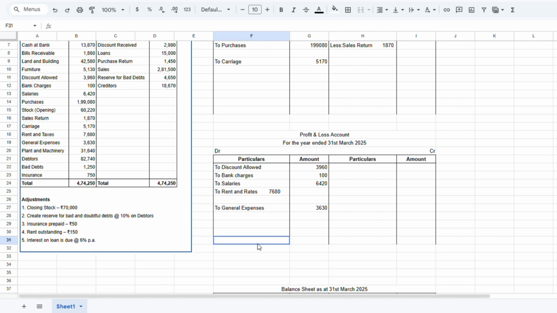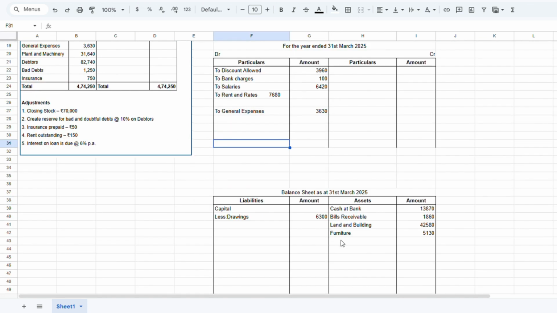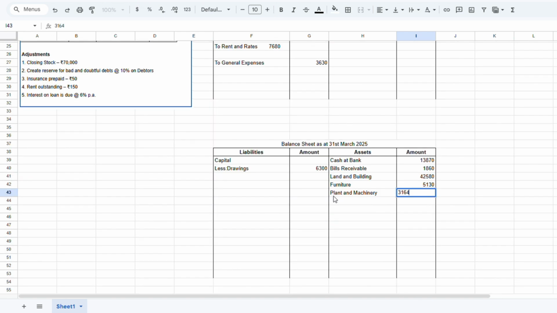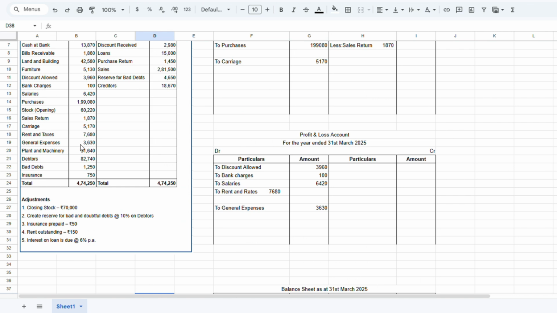Next, plant and machinery 31,640. Plant and machinery is an asset, so balance sheet asset side, 31,640. Then we have debtors 82,740. Debtors is an asset, because we have sold the goods and now the customer has to pay us the money. They are our debtors.